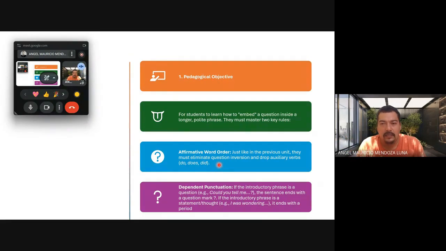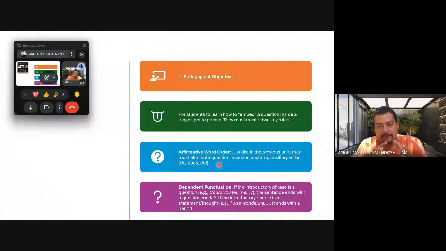Here, my friends, when using embedded questions, the inversion doesn't exist. And we need to avoid using auxiliaries, right? And one more tip, dependent punctuation. If the introductory phrase is a question, like, could you tell me, the sentence ends with a question mark.